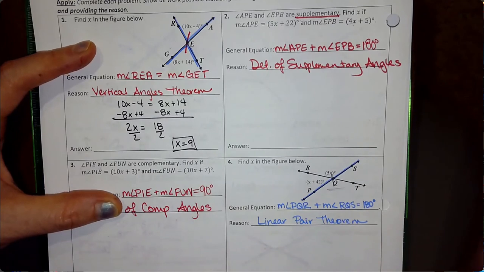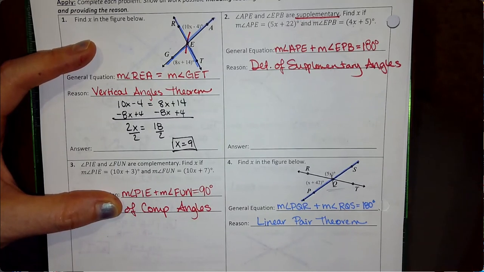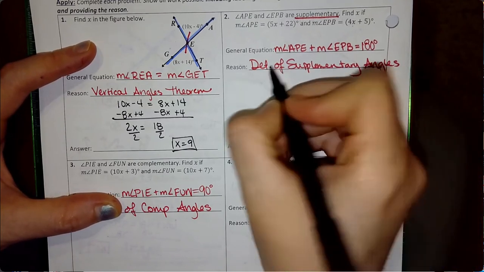Angle APE and EPB are supplementary, so since they're supplementary, we said their measures add up to 180, and we use the reasoning of definition of supplementary angles. Substitute in.